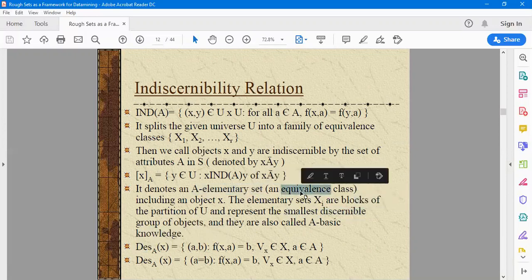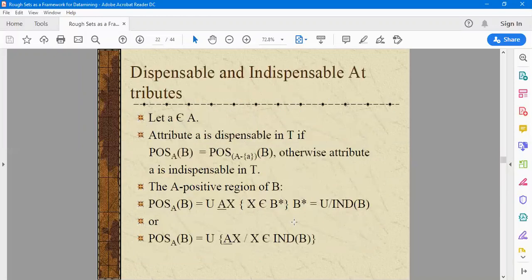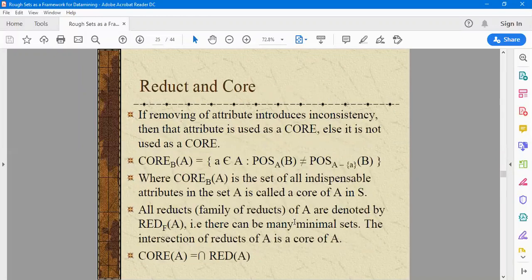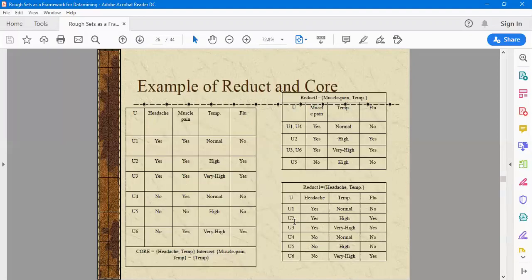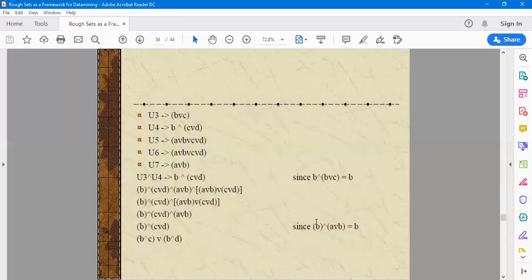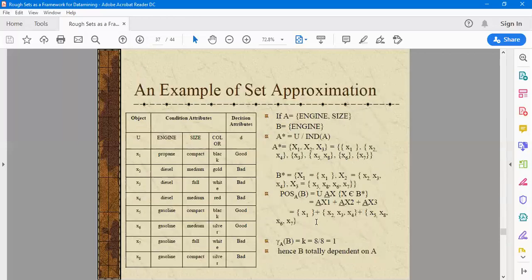That means it is an equivalence class, the smallest cluster, which we can represent. So indiscernibility relation is a classification in general, and DES is a cluster. And we have seen the difference between classification and cluster in our previous lectures when we identified the machine learning and data mining model in terms of predictive and descriptive approach.